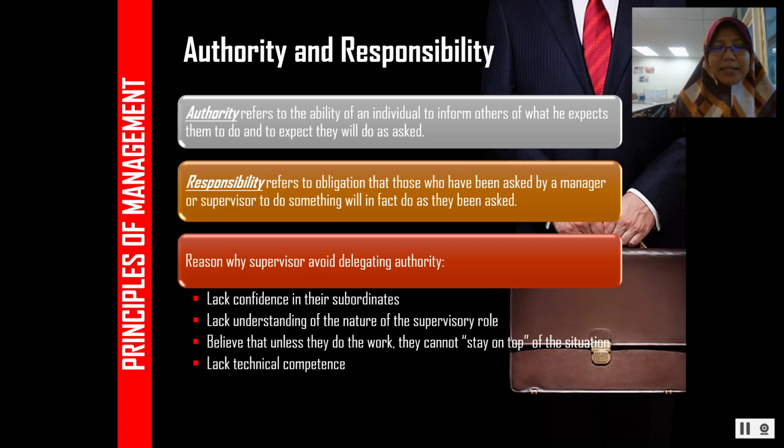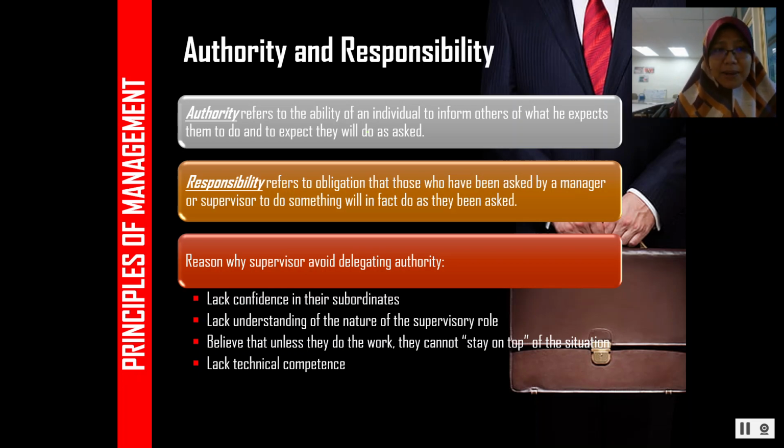The next part is authority and responsibility. So authority actually refers to the ability of an individual to inform others of what he or she expects them to do, and expect they will do as asked. Okay, this is the definition of authority.